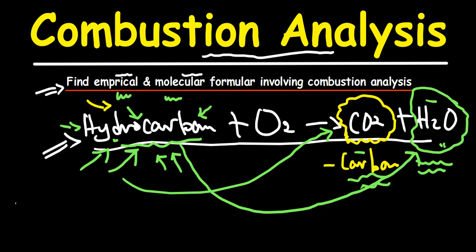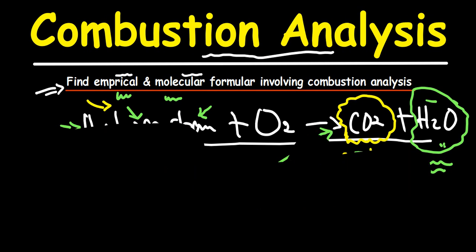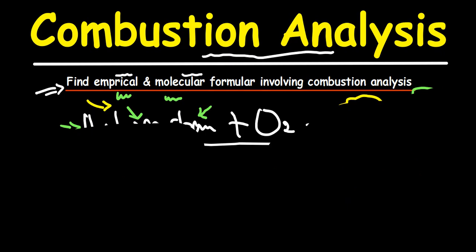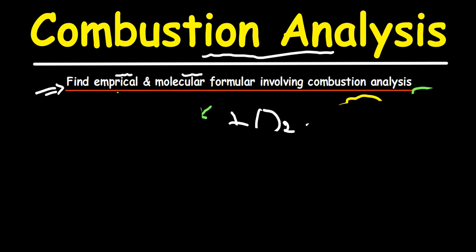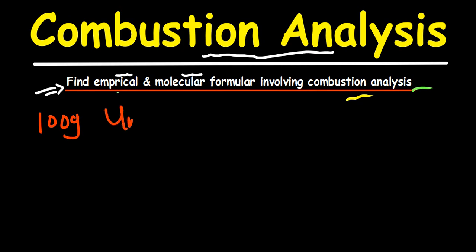Okay, so now let's give an example. After I've explained that, let's give an example now. So let's say we have this unknown hydrocarbon, 100 grams of unknown hydrocarbon that contains carbon, hydrogen, and nitrogen.